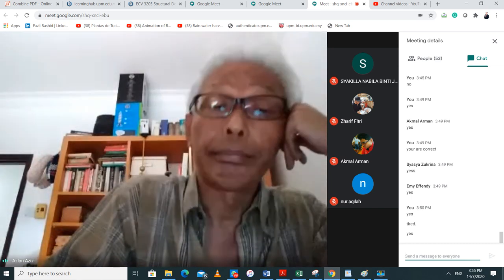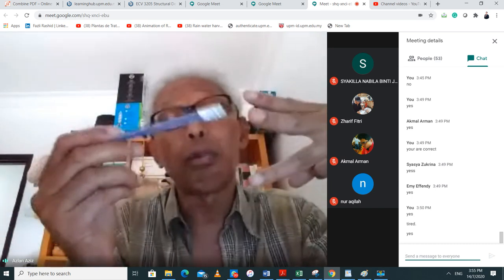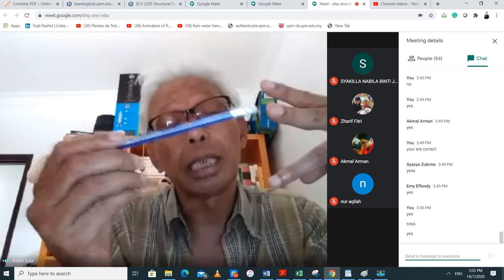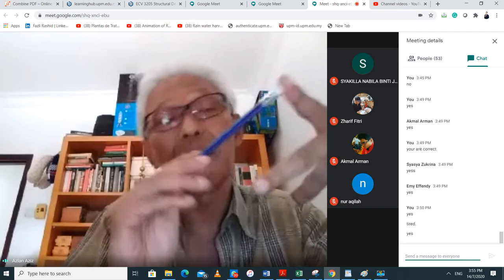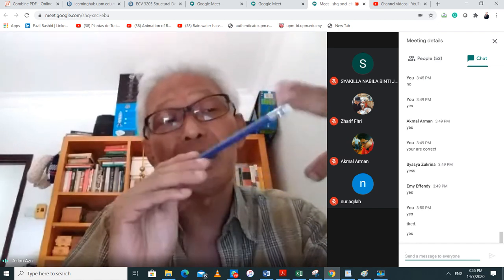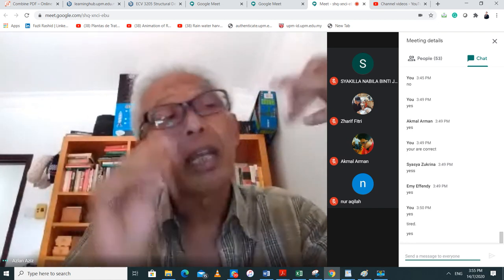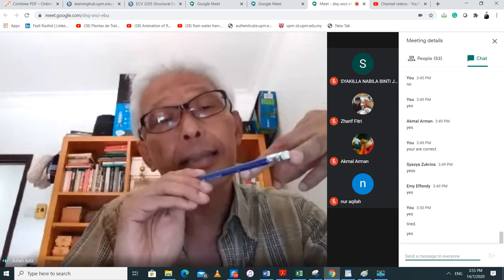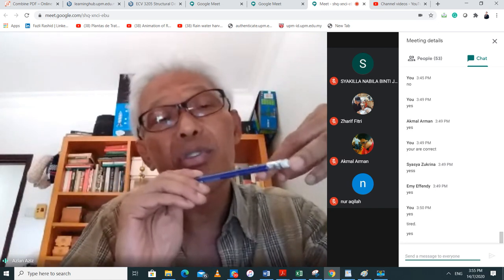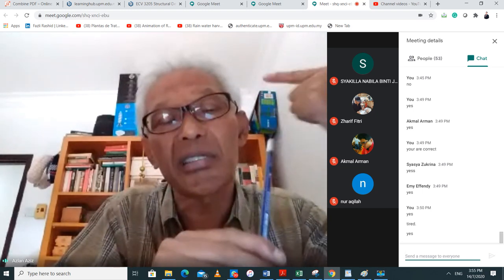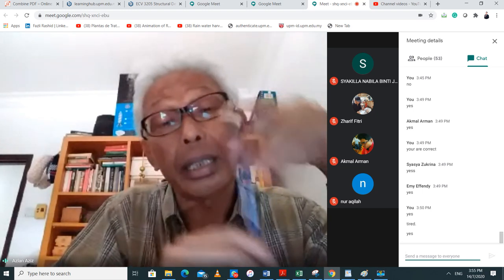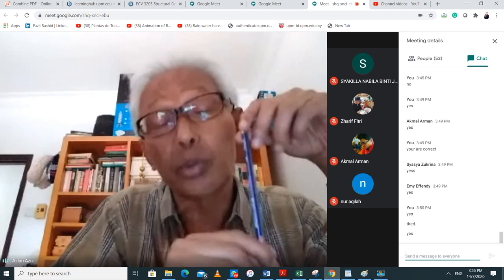You remember one of the three criteria for a pile. The bearing capacity you need to satisfy. The settlement you need to satisfy. This is correct for all foundations. But with respect to piles, there is an additional one. The material that you use for the pile, whether it's timber, steel, or concrete, shouldn't be overstressed.